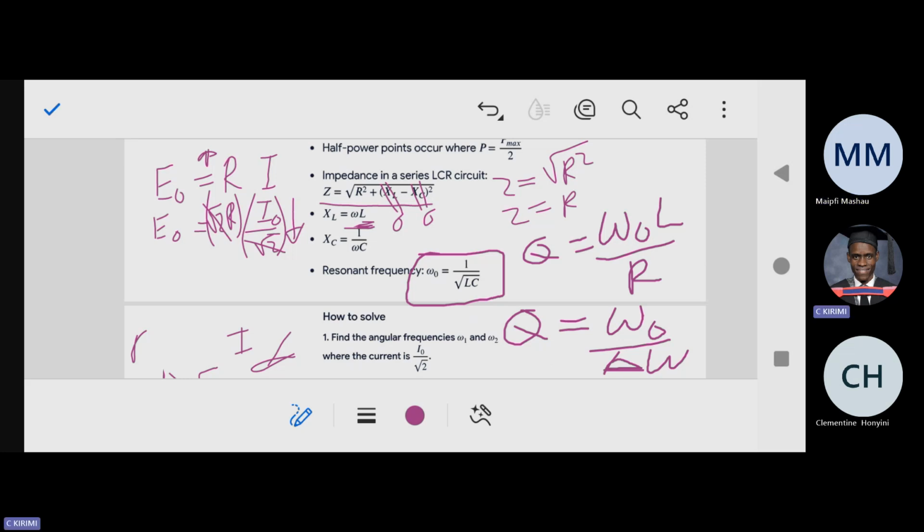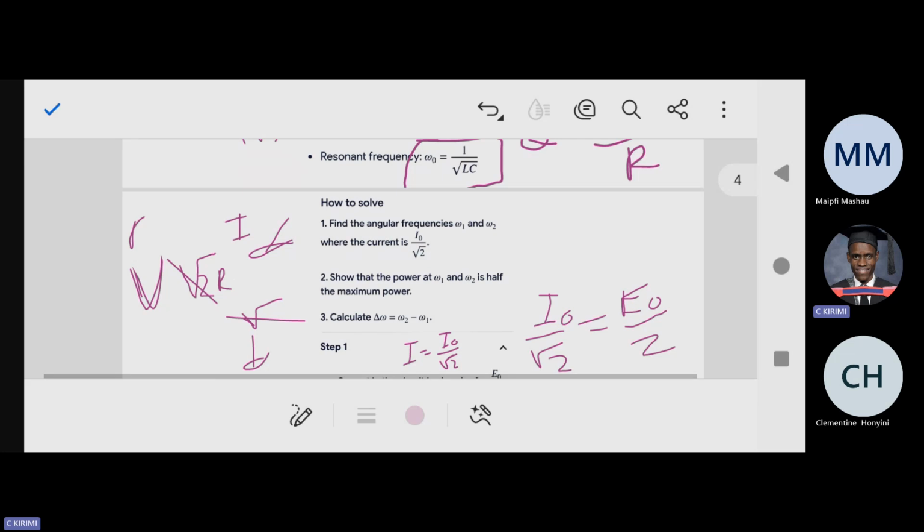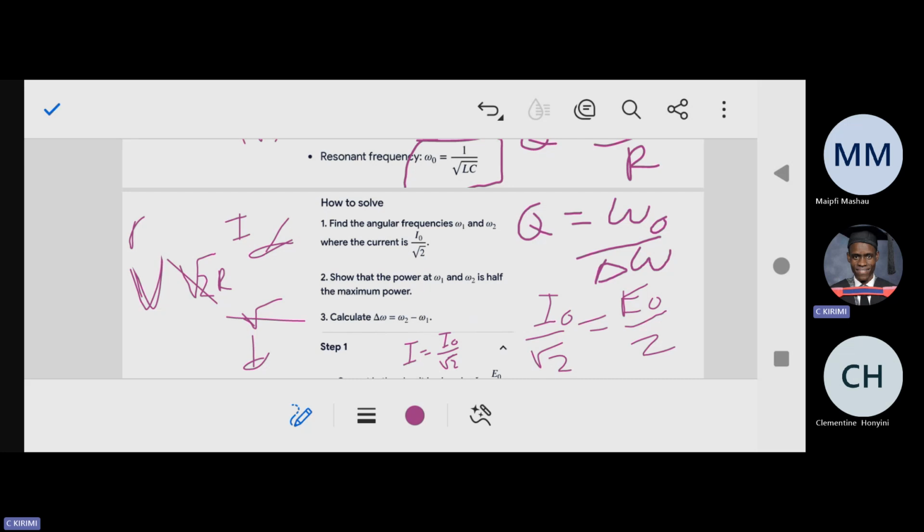So already now we are introducing Q, the quality factor, is equal to W naught, which is the resonant frequency, over the change in omega. Then from there, we are just putting this value. That's all. Then you're done. You can't do anything else, because already you have shown it. By just mentioning that formula for quality factor, there are marks.